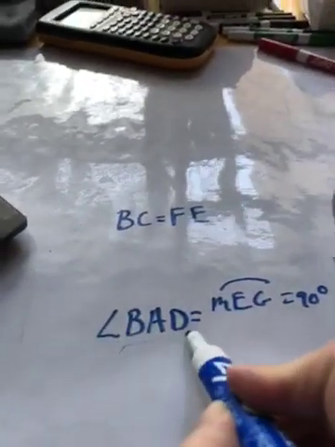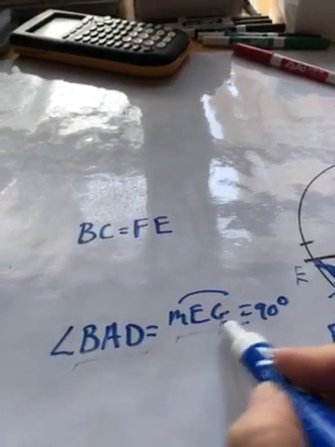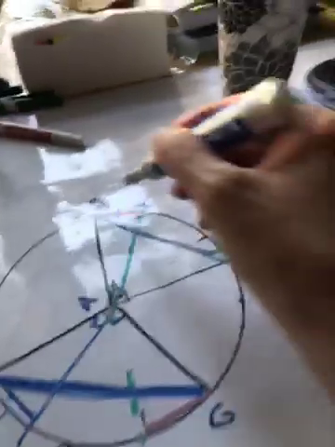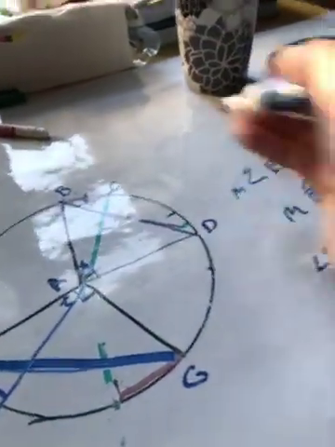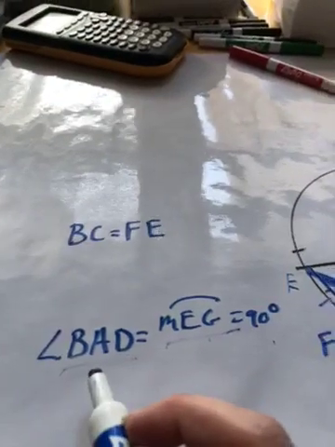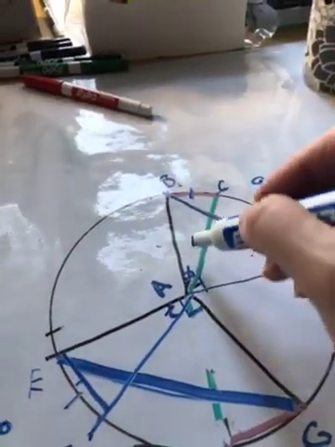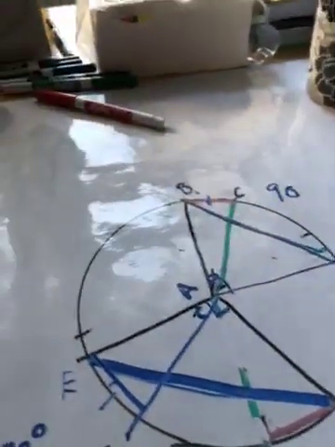Okay, and the next thing they gave us is that angle BAD is equal to the measure of arc EG, which is 90 degrees. So if E to G is 90, that means likewise BD is 90. So this is 90, this is 90, all because BAD is 90 degrees. If BAD is 90, that means its vertical angle is also 90 because these are two intersecting lines.